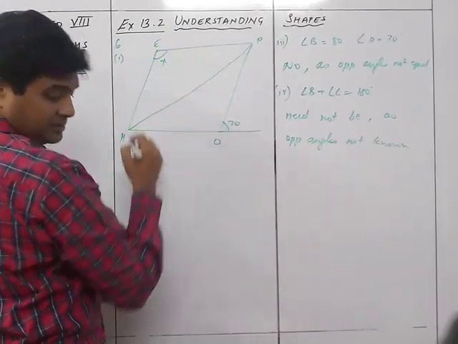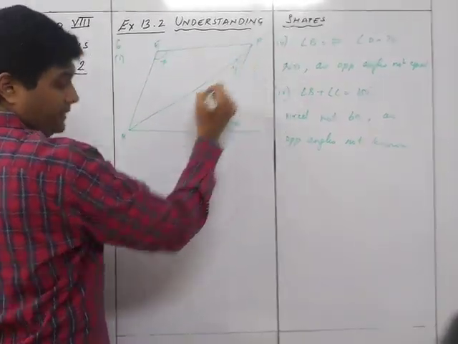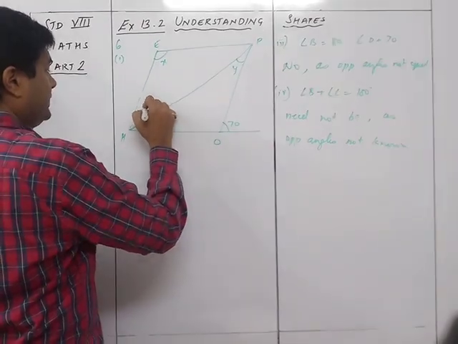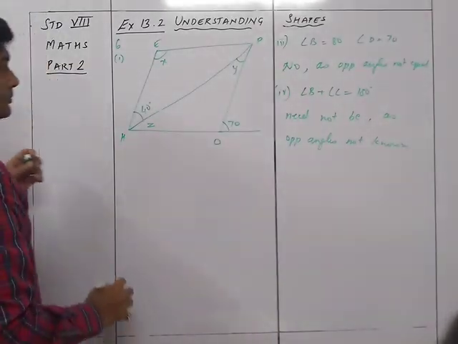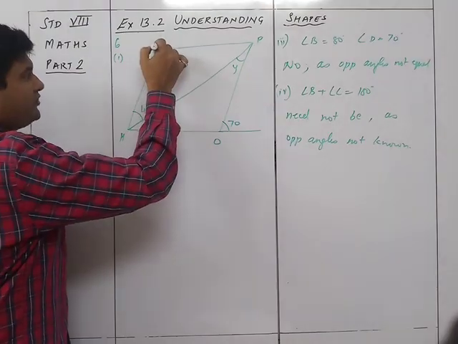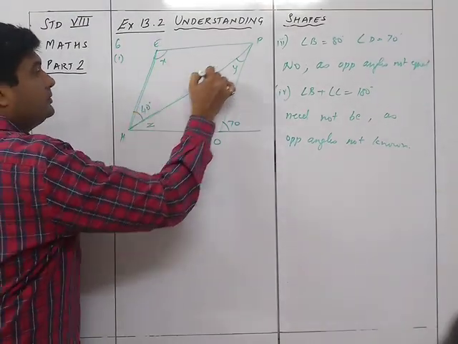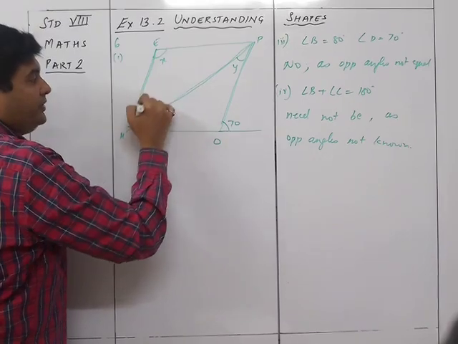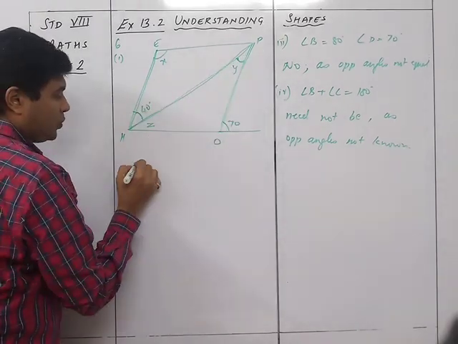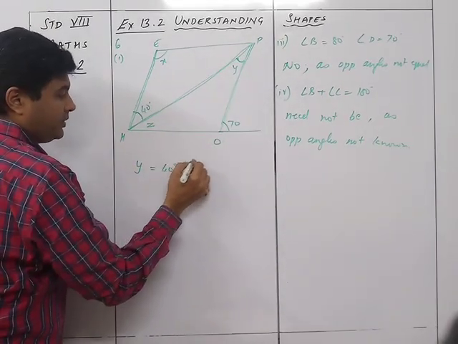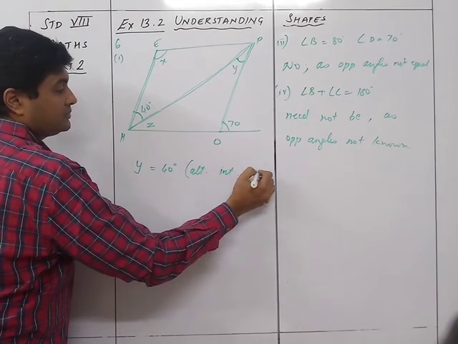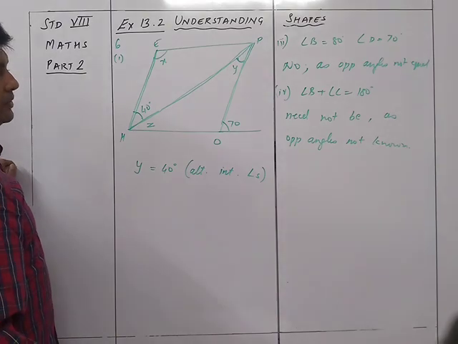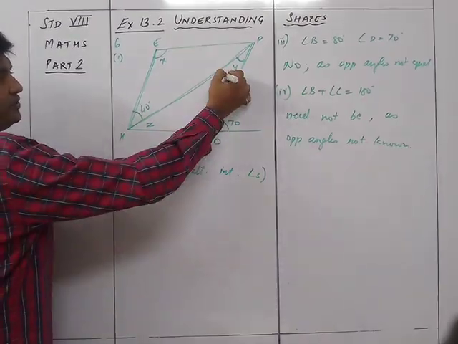This is X, this is Y, this is 40, this is Z. Very easy. First of all, this one, Z formation, 40 and Y. So Y is equal to 40 degrees. Alternate interior angles. Okay, that will be 40 degrees.